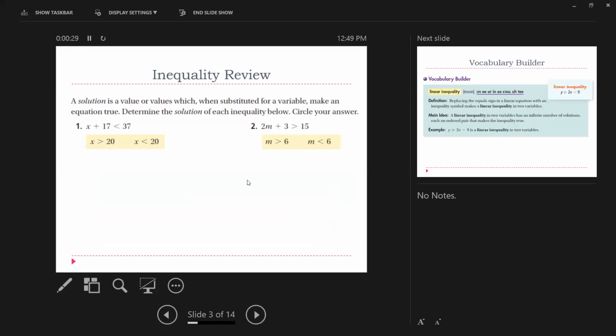These type of inequalities, x is greater than 20 or x is less than 20, that's a single variable inequality. You can do those on a single number line, traditional horizontal number line. Not complex at all.